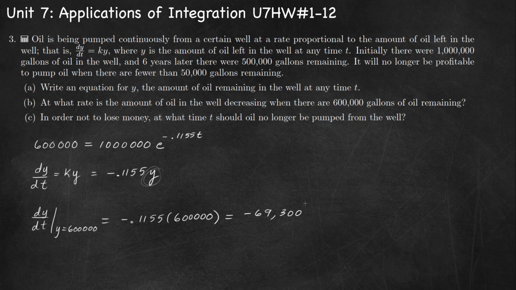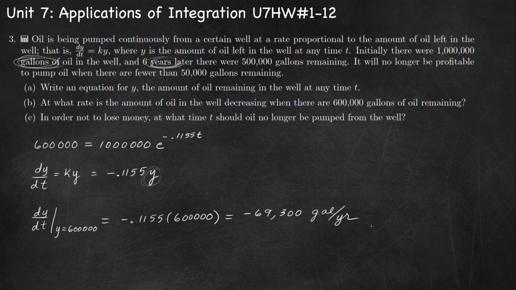The units here are going to be gallons per year. So our units of time were years, and units for the amount of oil were gallons. So gallons per year.